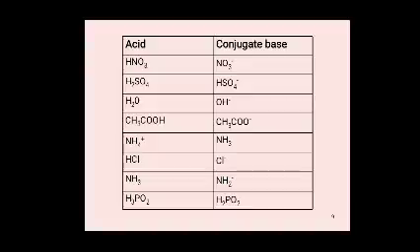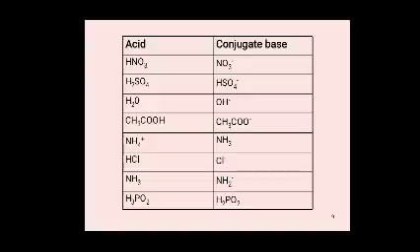Some examples of conjugate acid-base pairs: HNO3, nitric acid, has the conjugate base NO3−, the nitrate ion. H2SO4, sulfuric acid, has the conjugate base HSO4−. H2O, the water molecule, has the conjugate base hydroxyl ion. Acetic acid CH3COOH has the conjugate base acetate ion CH3COO−.